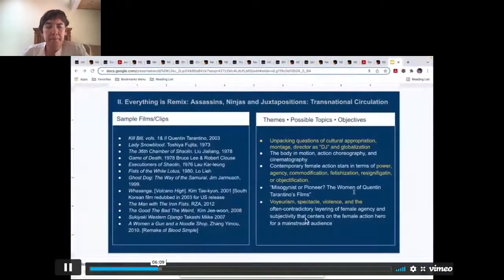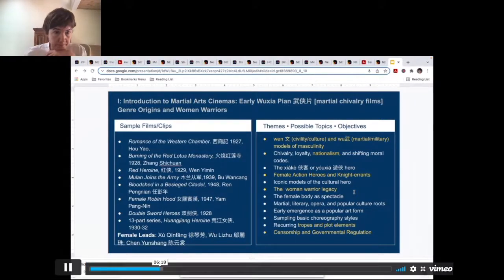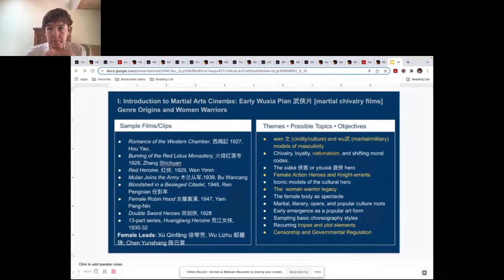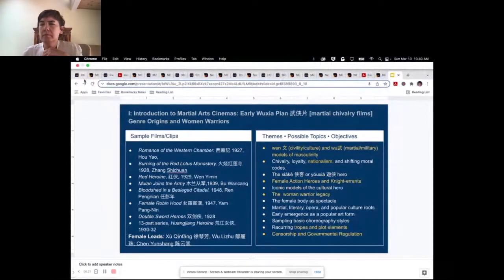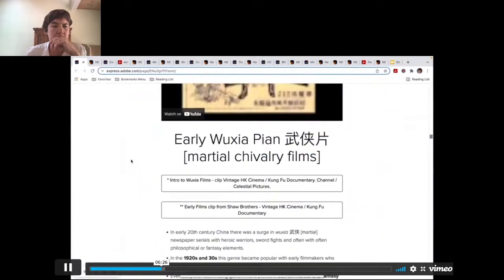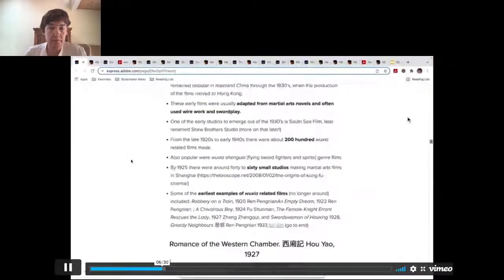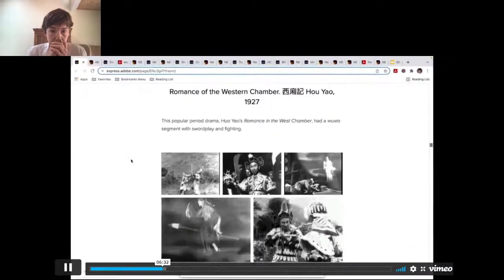Some of the key ones. So we start off with an intro where the emphasis is setting up some core ideas of the genre itself, which of course was originally from China. In that unit, we look at early films and introduce some core values.